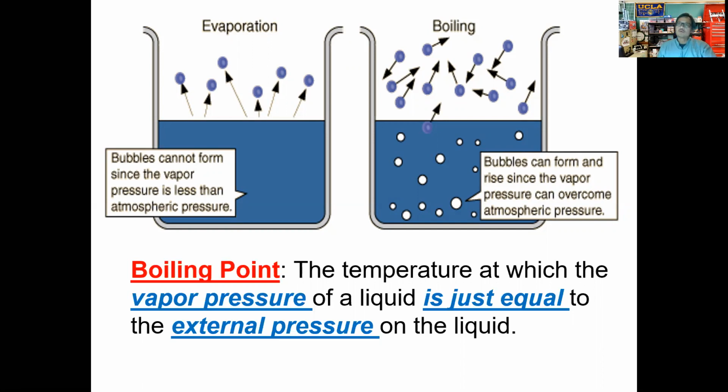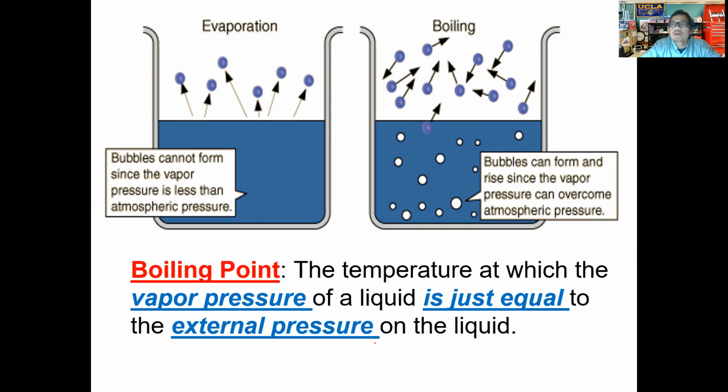All right. So we're going to define it, and we'll pick up with this discussion on Monday. We'll define the boiling point as the temperature at which the vapor pressure of the liquid is equal to the external pressure. That's a whole lot to try to take in at this point.